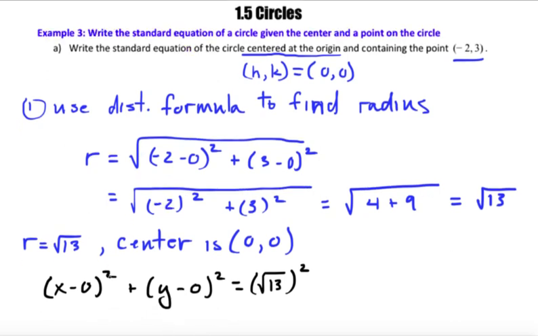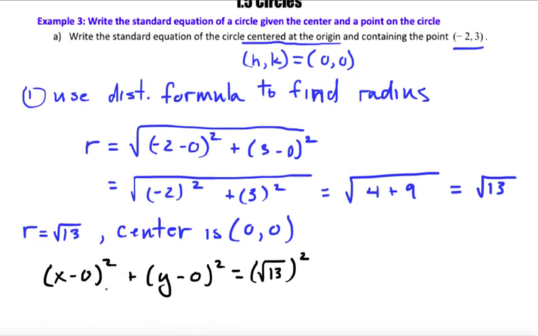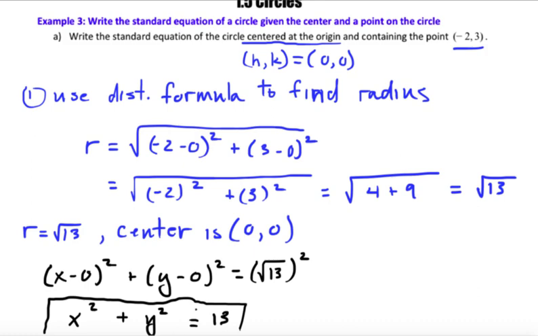We can simplify this: x minus 0 is just x. x squared plus y squared equals 13. And that is the equation of a circle centered at the origin and going through the point -2, 3.